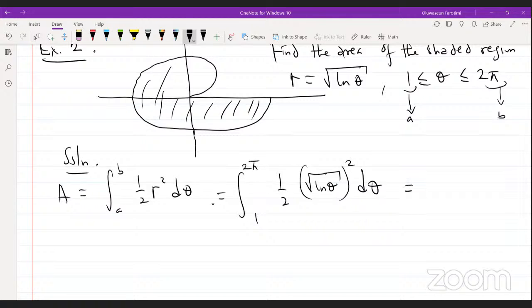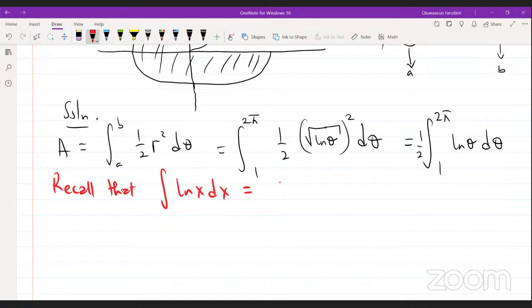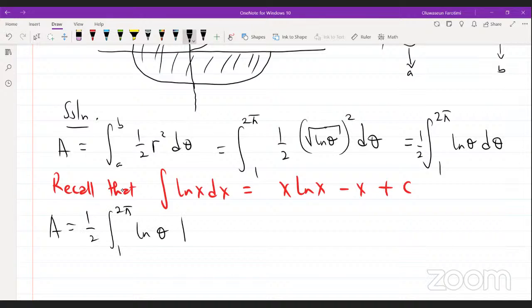I can pull out 1/2. This becomes the integral from 1 to 2 pi of ln of theta d theta. Recall that when you integrate ln of x, it is x ln x minus x plus c.